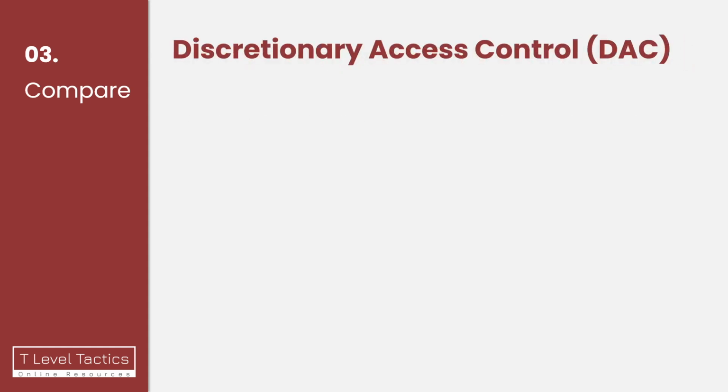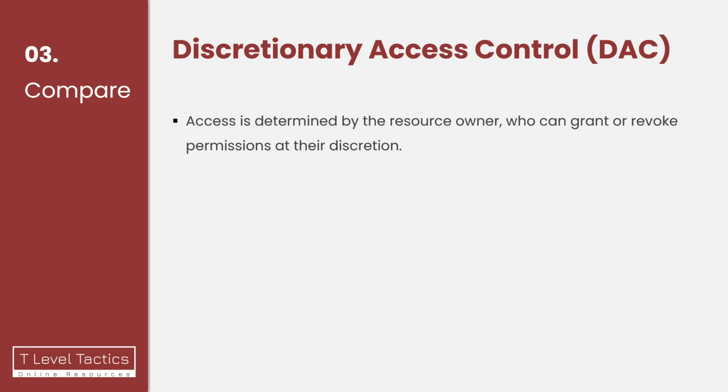In discretionary access control, access is determined by the resource owner, who can grant or revoke permissions at their discretion. Meaning if you've created the data, you're the one that can set the access levels. With this, users have the ability to manage access to their own resources, as opposed to mandatory access control that we mentioned earlier.